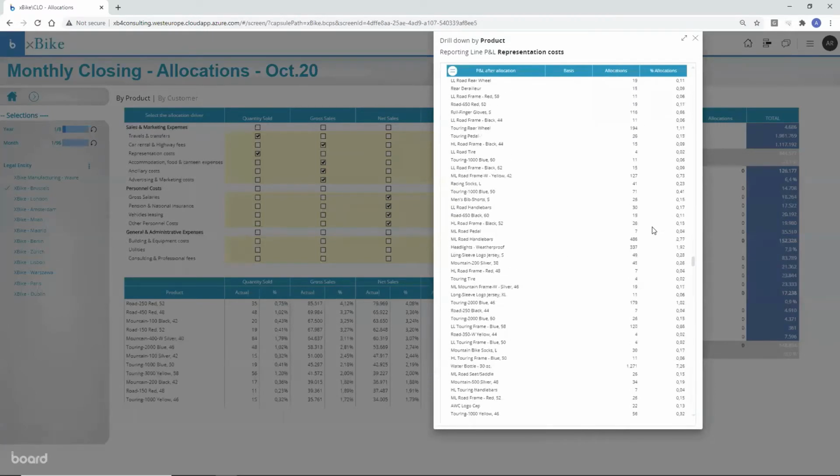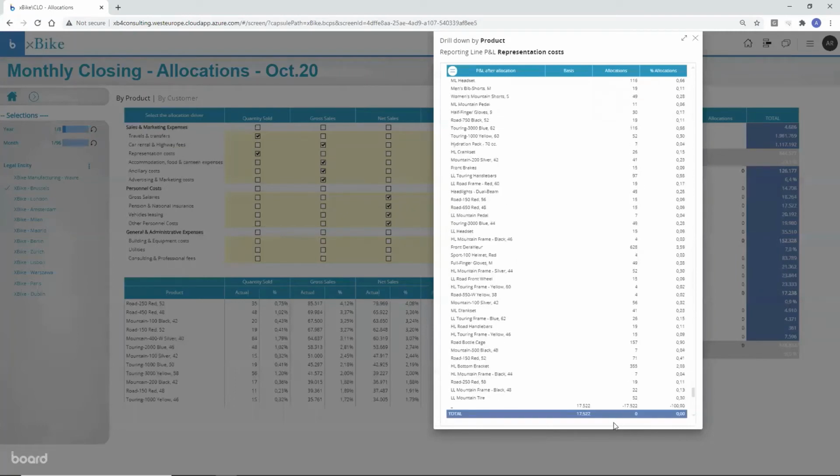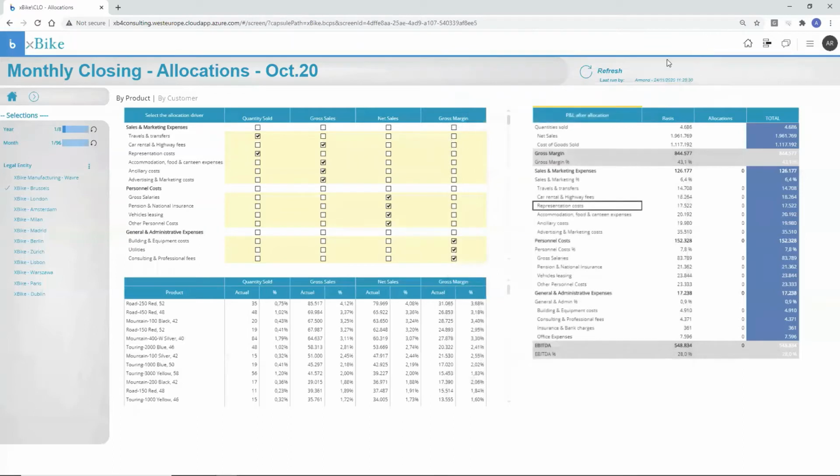And if I scroll to the bottom, I can clearly see here that what it has done is it has reversed the total amount on the product not available, and it has done the proper allocation on all the individual products. So in this case, for instance, if we focus on the representation costs, here it is based on the quantity sold.